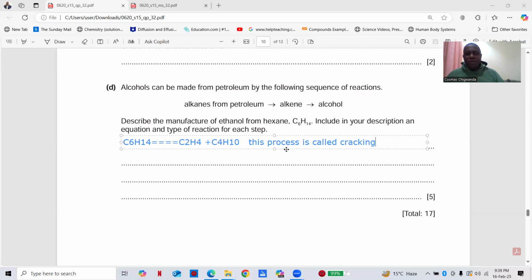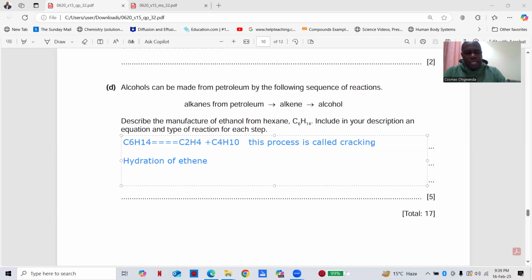We go on to the next stage, and our next stage will be hydration. We are going to carry out hydration of ethene. The term hydration simply means adding water, so we are going to add water to ethene. How do we do that?